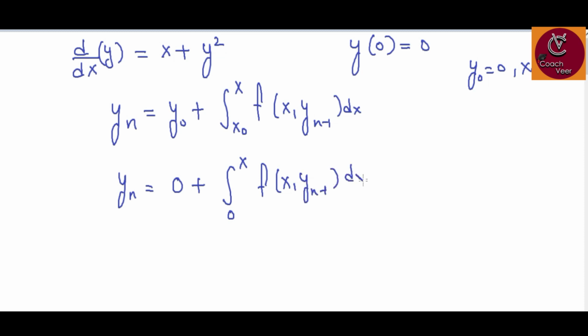In this case, as it is 0, we can simply say it is equal to the integral from 0 to x of f of x comma y n minus 1 dx. Hope this is clear to you.